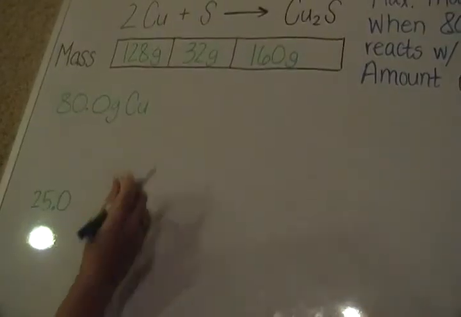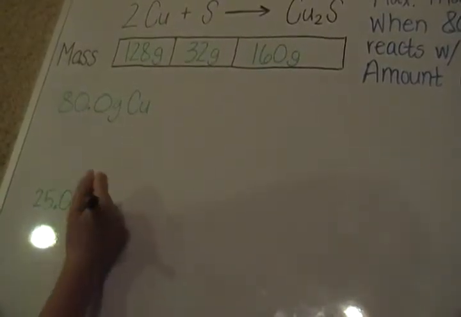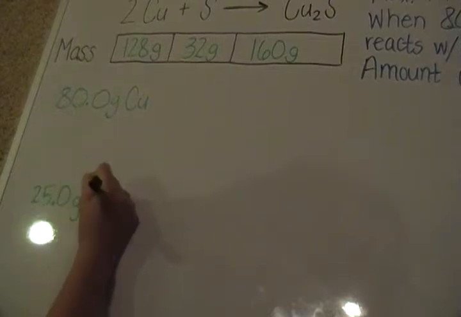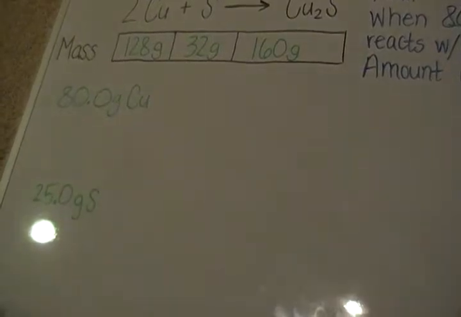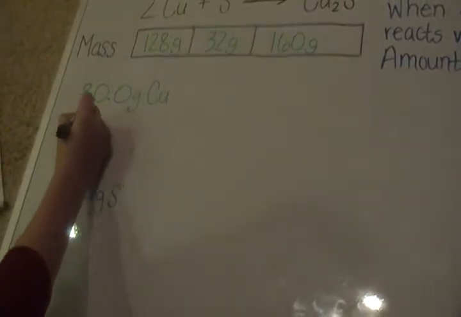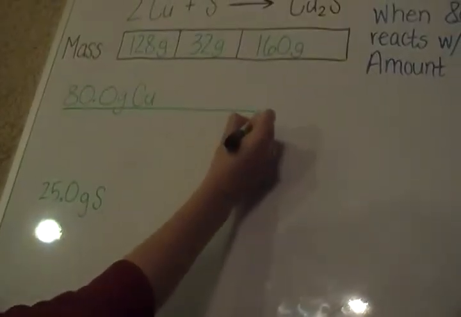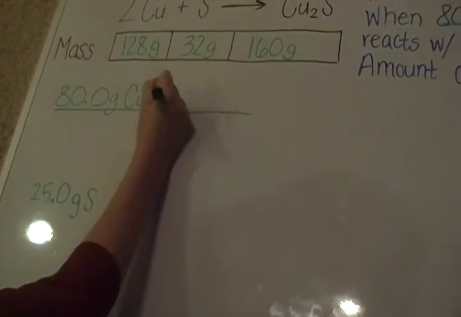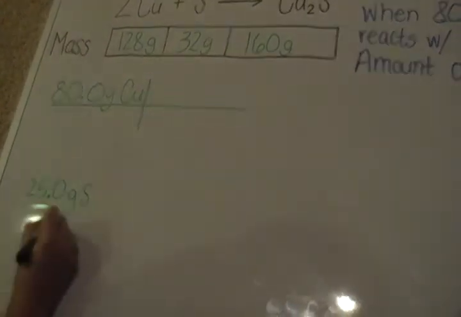Just like in my cheese sandwich example, I figured out how many sandwiches each of my reactants, my bread and my cheese, was able to make. So right now I'm just writing out my givens, and that's the first step you're going to want to do as well. Okay, so I have 80 grams of copper, 25 grams of sulfur, and I'm going to be solving for the amount of copper 1 sulfide each of these is able to make.